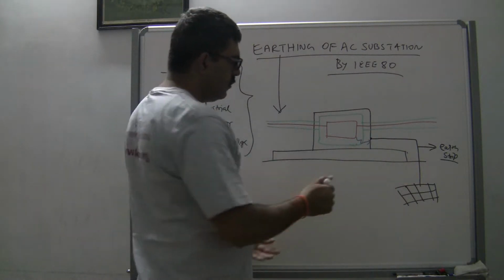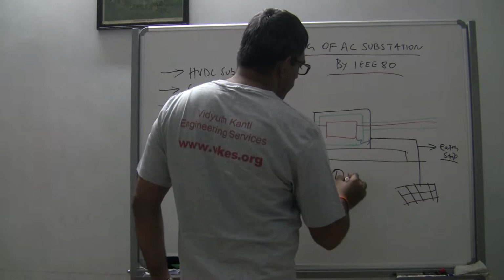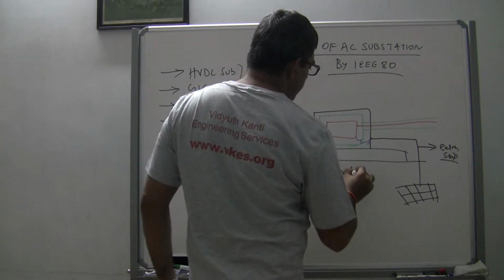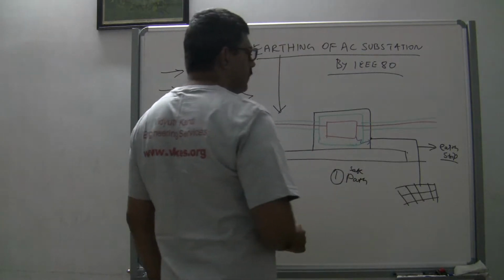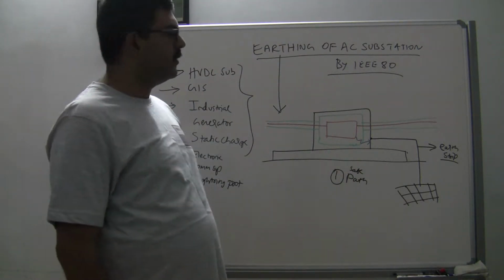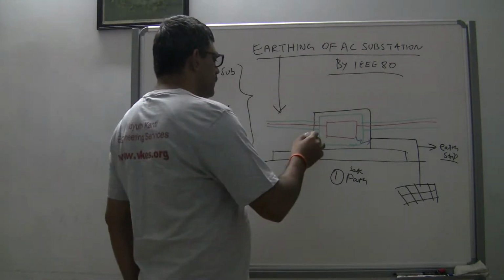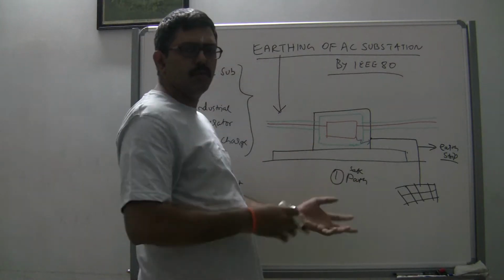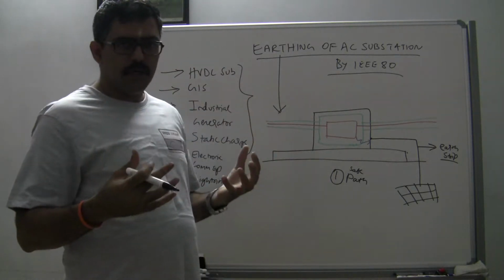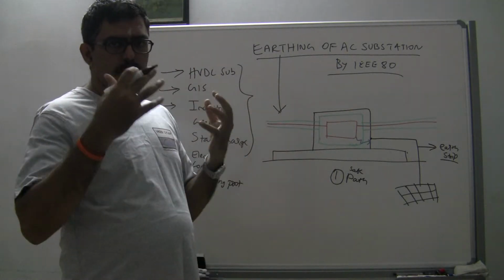So number one, we need to provide a path, and that path has to be a safe path. Now what do we mean by providing a safe path? So let's say, in a substation, people are moving here and there, and people cannot see a fault, right? Fault current cannot be seen.